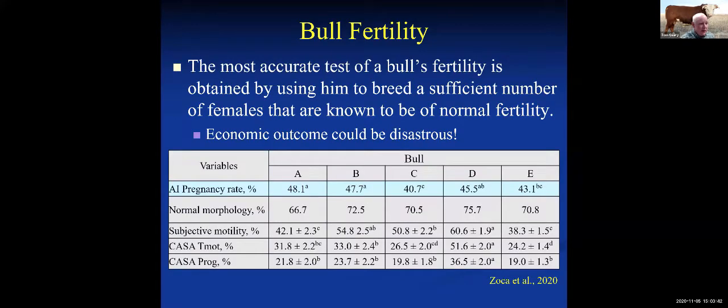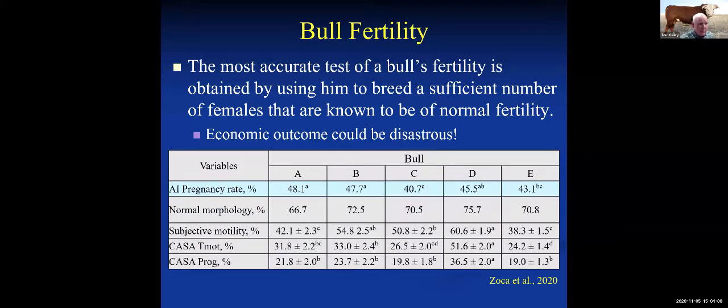So one of the things that is important is that we realize the fact, and there's a lot of data to suggest this, this was an easy set of data to share with you, that there's a lot of variation between bulls as far as bull fertility goes. And these are even bulls that were collected by a commercial AI stud, so they already have met a minimum amount of fertility, if you will.